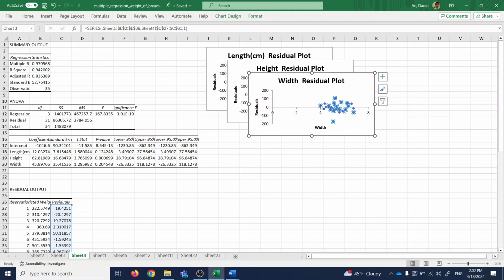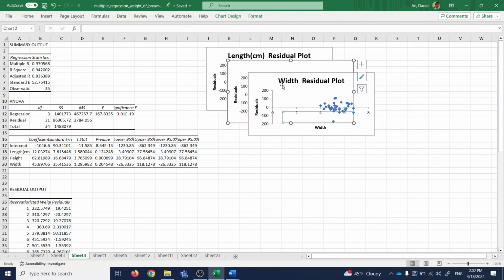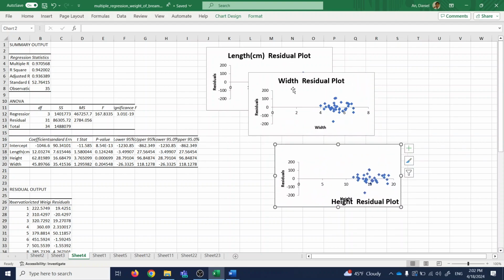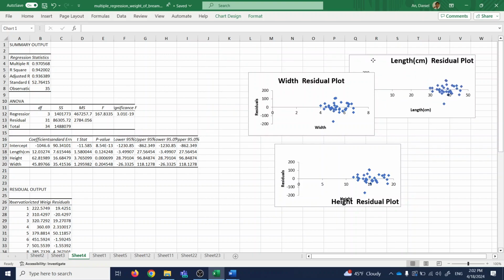It's changing the various values of width and finding the difference between the predicted Y value and the Y value. So that's the Y minus Y hat plotted along the width axis. There's the same data set now plotted with different axes. So those residual plots can be shown.